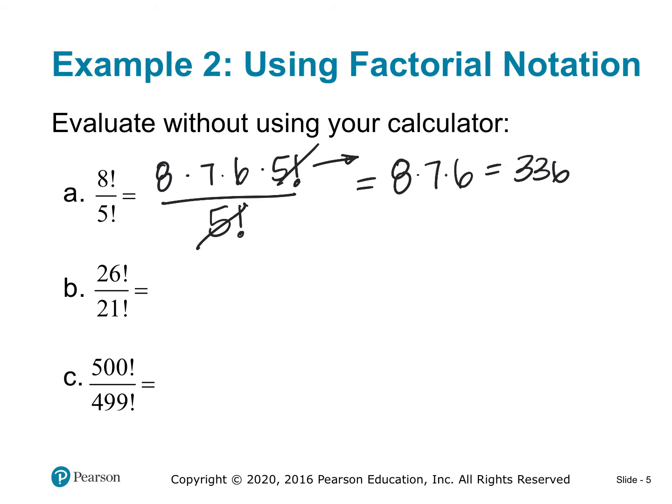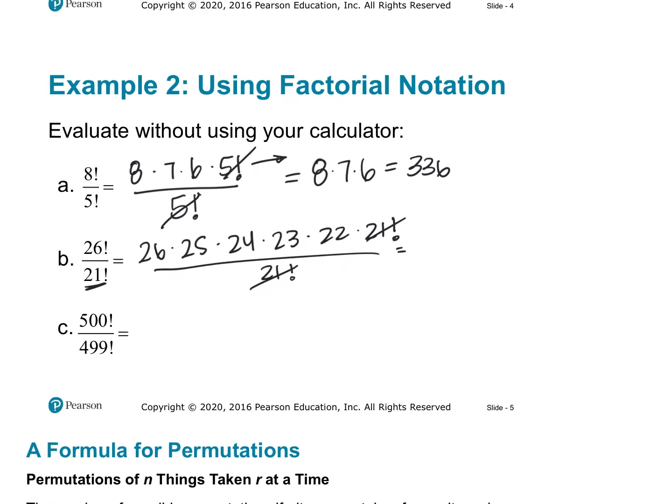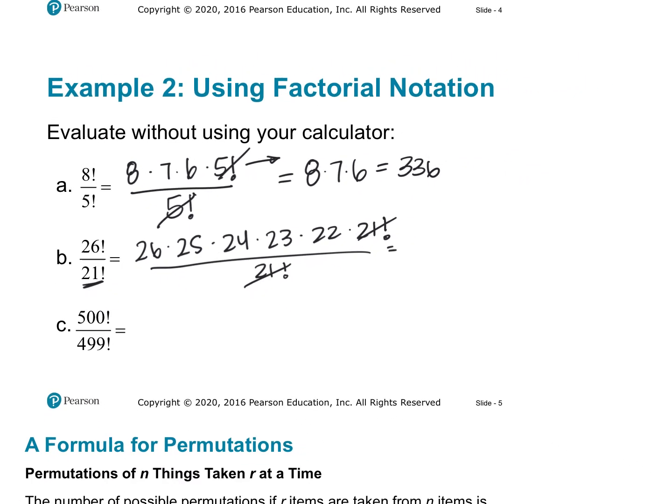So let's do the next one. 26 times 25 times 24 times 23 times 22 times 21 factorial, because that's what the bottom is, all over 21 factorial. So we cancel it out, and what's left is 26 times 25 times 24 times 23 times 22.